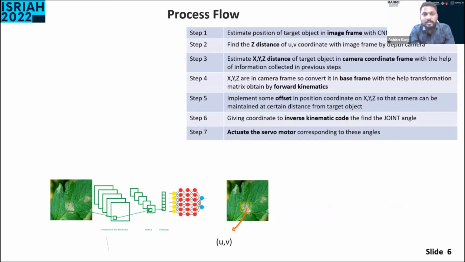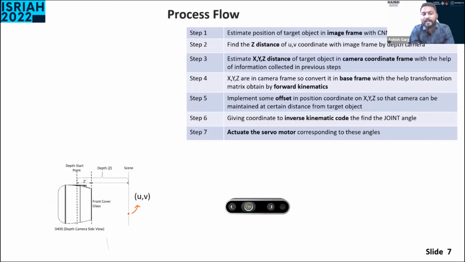Now I'll discuss the process flow of position control. Once we get the location of the infected area in the image, with pixel coordinate (u, v), we can find its depth with the help of the depth camera.